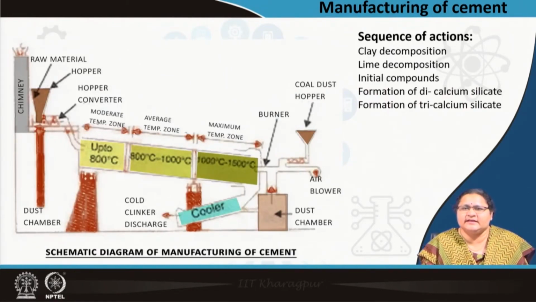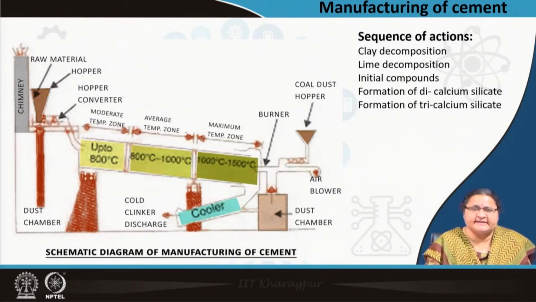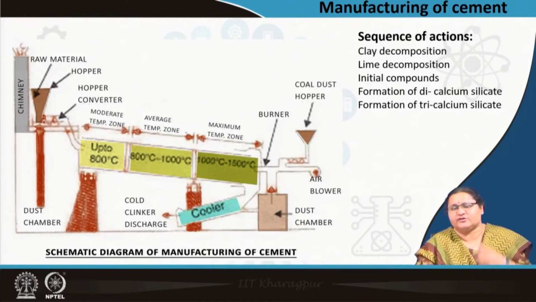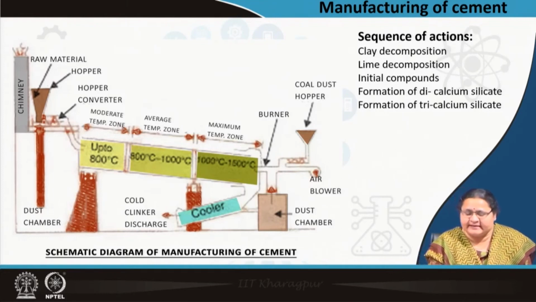When these dusts in their proportions are mixed, they are actually put into a system where you see the first part, it is the moderate temperature zone, then it is the average temperature zone, then it is the maximum temperature zone, which shows that the heat is sent from this direction.